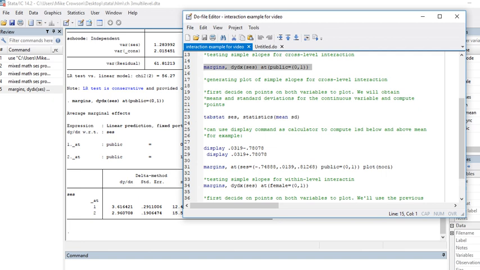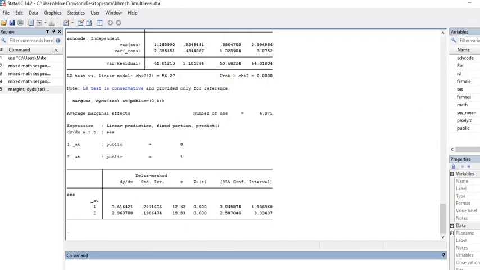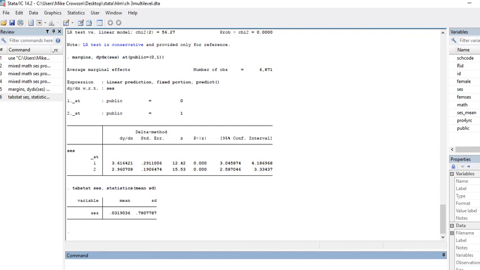The easiest way to do this, if you don't want to compute everything using a different calculator or whatever, is to say tabstat SES, comma, and then statistics, and then type in mean and sd in parentheses, and that will get us the mean and standard deviation for the variable.